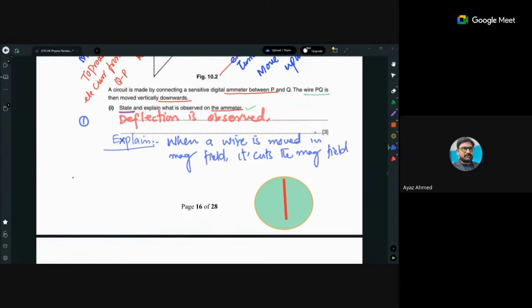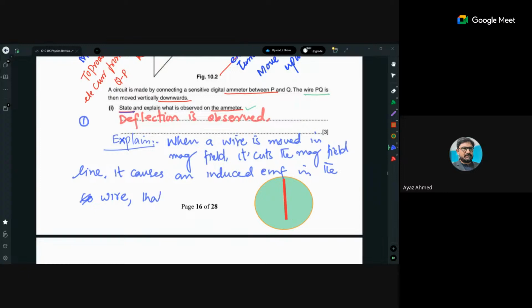ठीक है, no other answer is there for any question in which it is asked कि why current is induced due to motion of the wire or the coil. आपने यही पॉइंट्स लिखने हैं कि when the wire or the coil is moved in the magnetic field it cuts the magnetic field lines, it causes an induced EMF in the coil. यहाँ पे वायर है तो वायर लिख दो, अगर कॉइल है तो हम लोग कॉइल लिख लेते हैं.